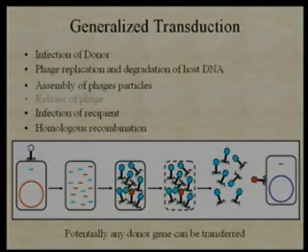Now, this is called generalized transduction because potentially any of the donor genes can be taken up and transferred by this process. Any individual phage particle will only transfer a small part of the donor chromosome. But since which piece of DNA gets packaged into the head is a random event, potentially any gene can be transferred by this mechanism. And that's why it's referred to as generalized transduction.